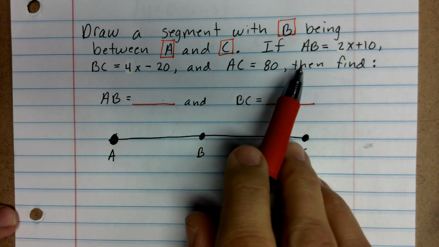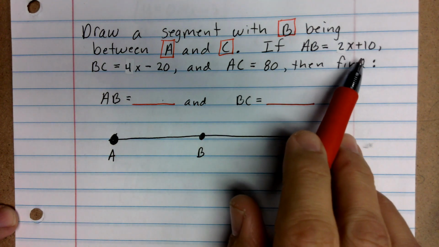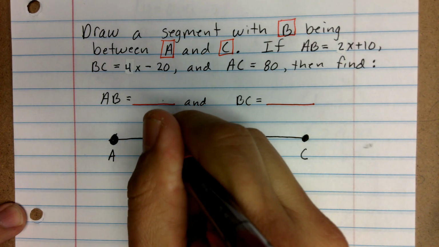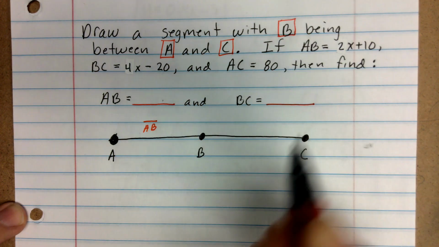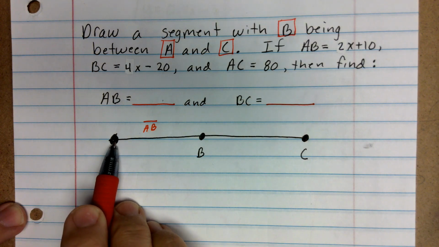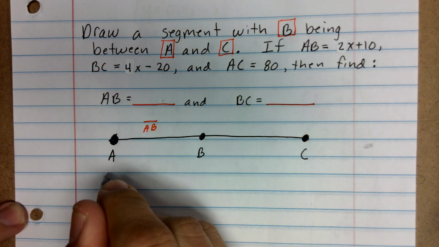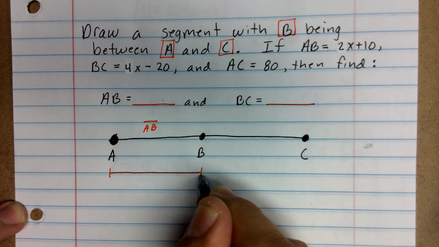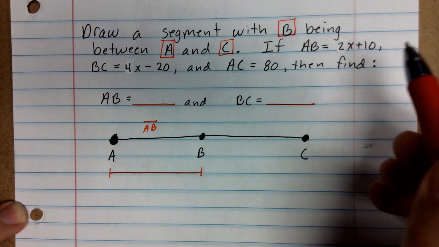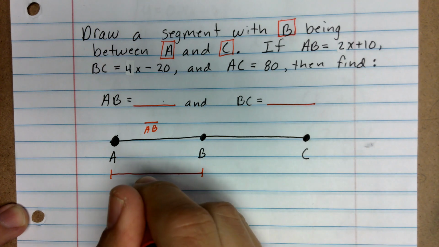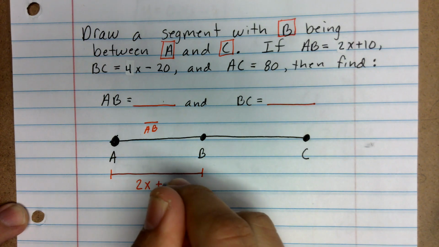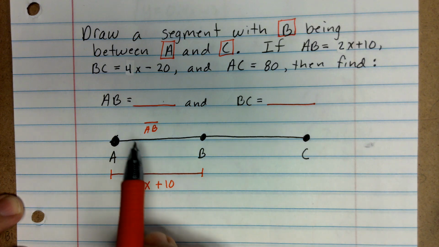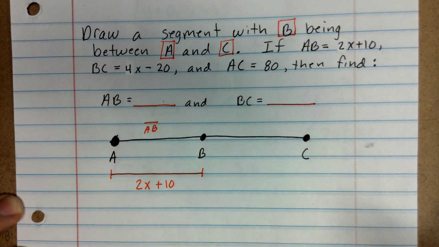Now they tell us AB equals 2x plus 10. When they say AB, I'm going to write that right here, AB. What they're saying is from this point to this point. So I'm just going to draw a bracket showing that that's the distance. The distance between A and B is represented as 2x plus 10. Then it says BC is 4x minus 20.